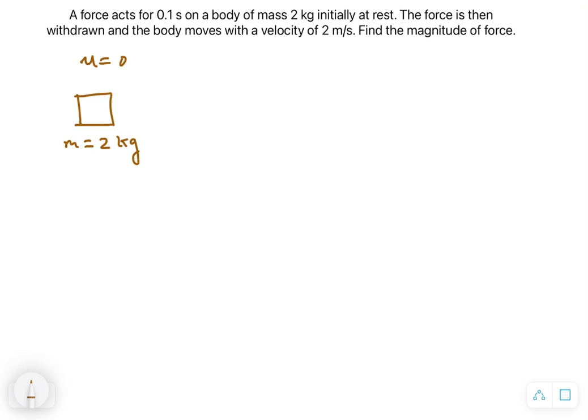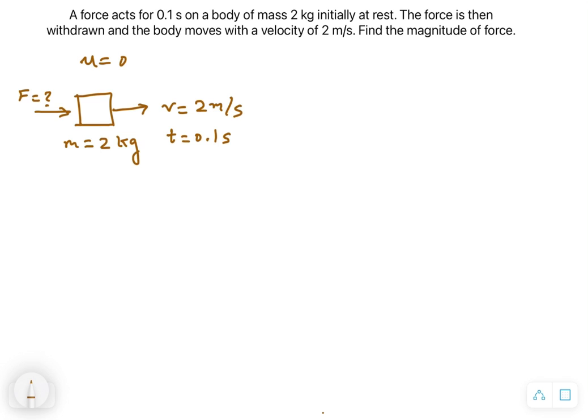Final velocity acquired by the body is 2 meters per second. Find the magnitude of force. Time duration has also been provided. t is 0.1 second. We need to find the force which is applied on this body.